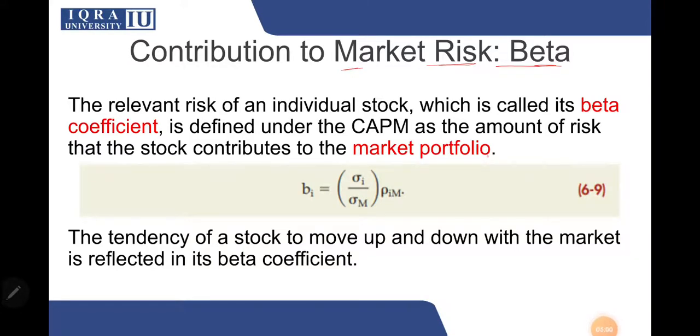Basically, the market portfolio is a well-diversified portfolio which contains all of the stocks in the market, so it is supposed to represent the market as a whole. And the tendency of a stock to move up and down with the market is reflected in its beta coefficient.